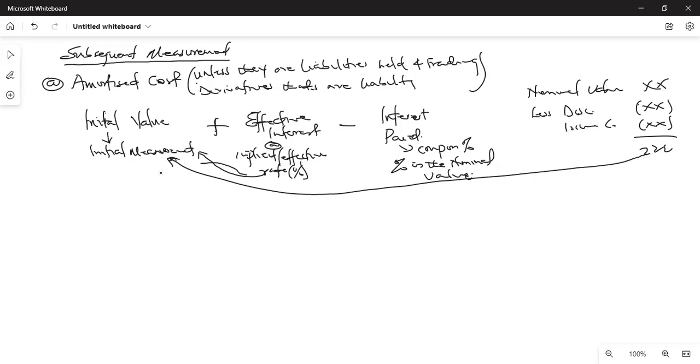But this bit, the percentage, is actually computed on the nominal. You have to be very careful because they will give you different figures. So that is the initial and the subsequent measurements.